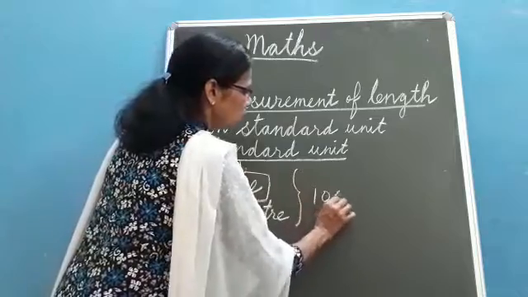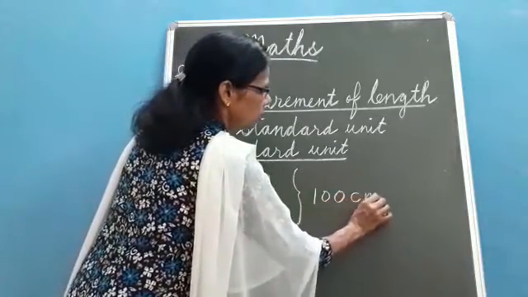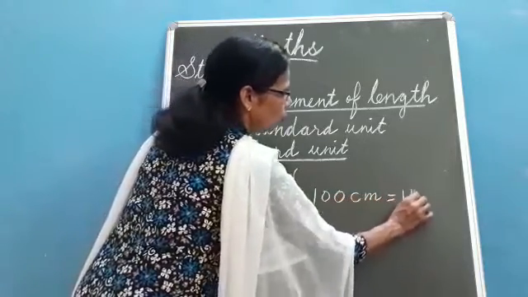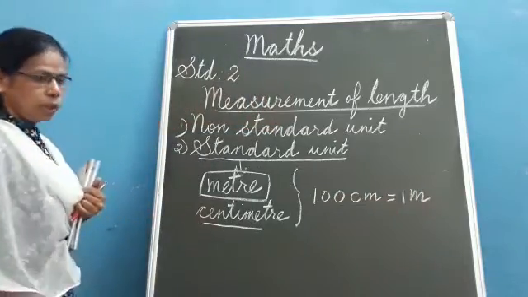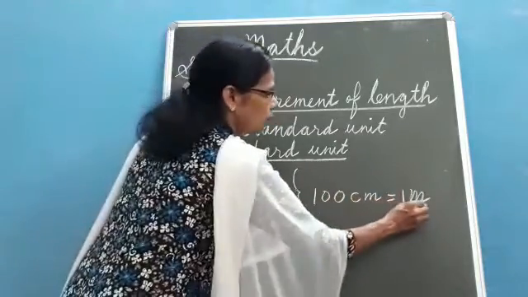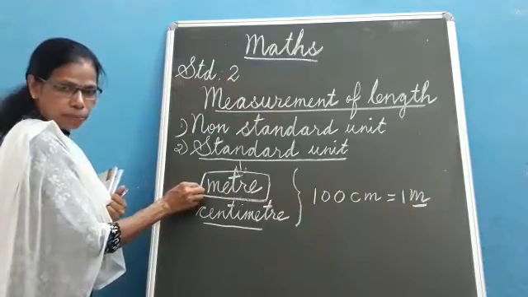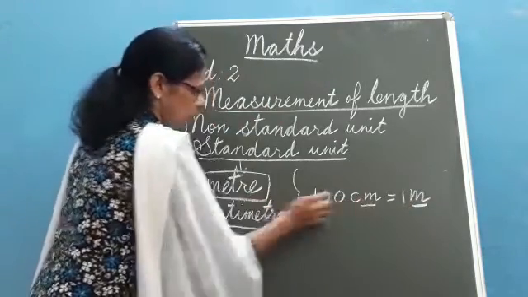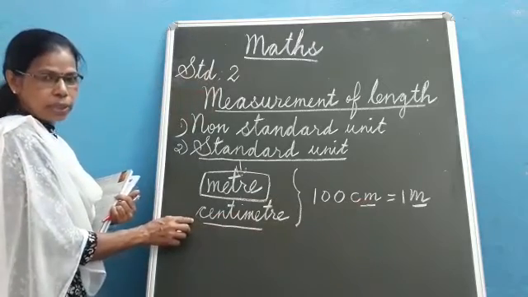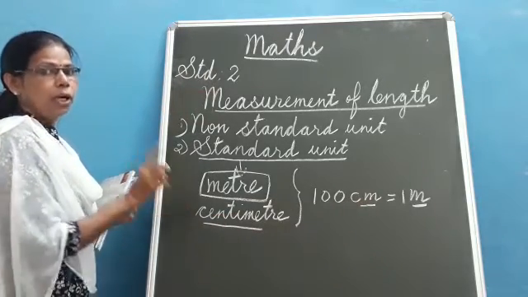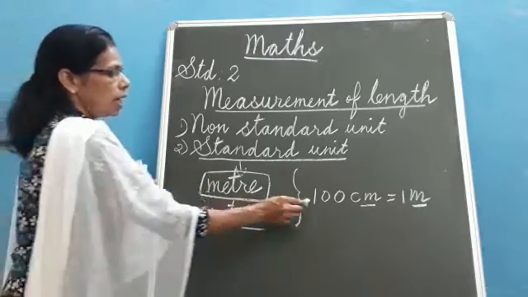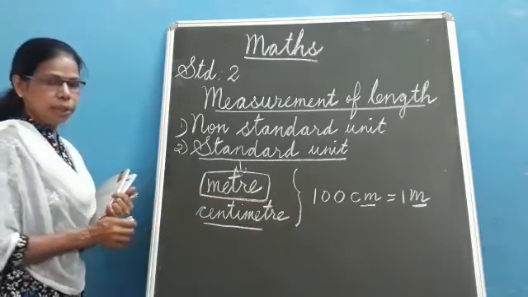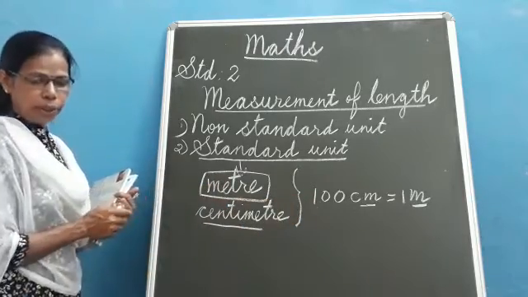This 100 centimeter is equal to 1 meter. M is a short form for meter and cm is the short form for centimeter. Remember children, there are 100 centimeters in 1 meter.